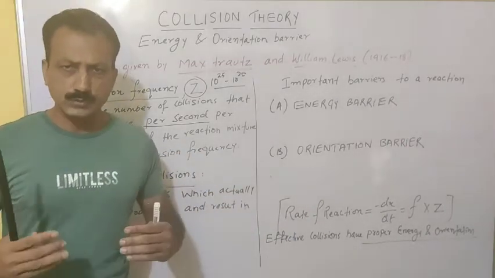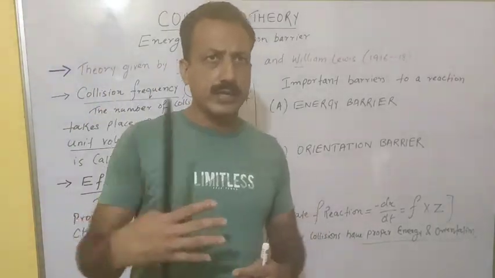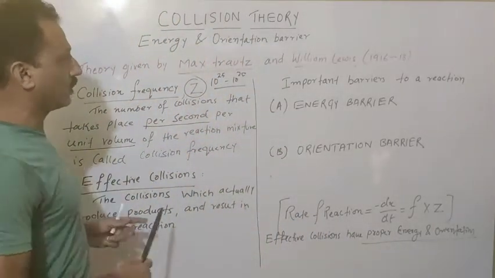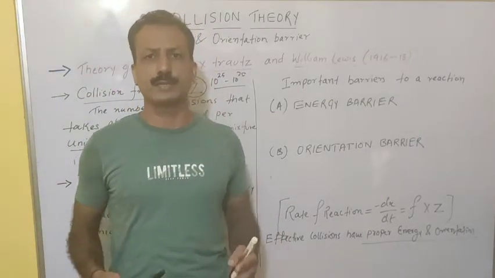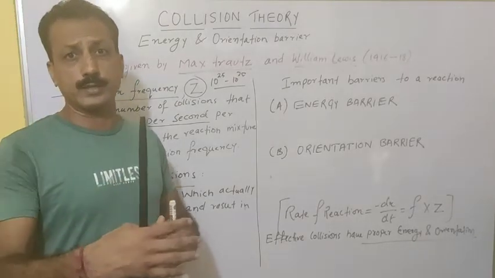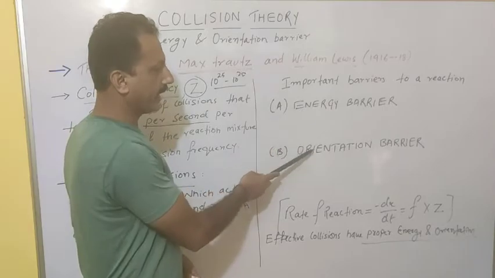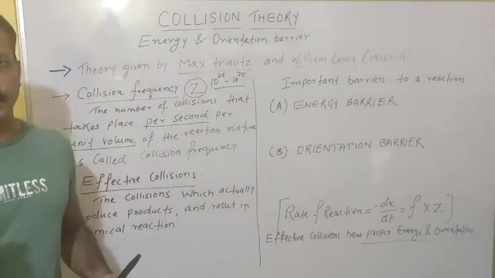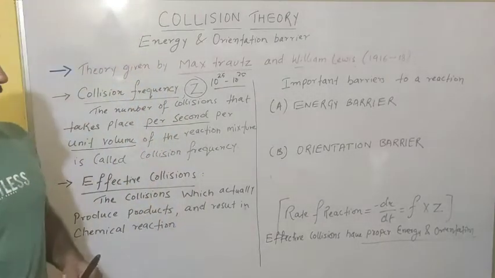Now, when we study the aspect of effective collisions, we come to know that there are two barriers which are hindering the formation of the product to a very large extent, and these are the energy barrier and the orientation barrier. We'll be discussing both.